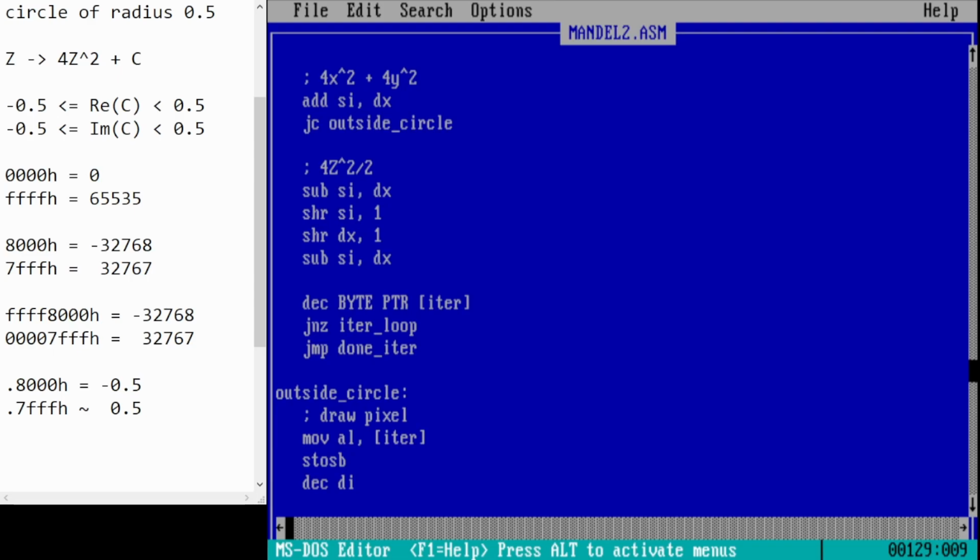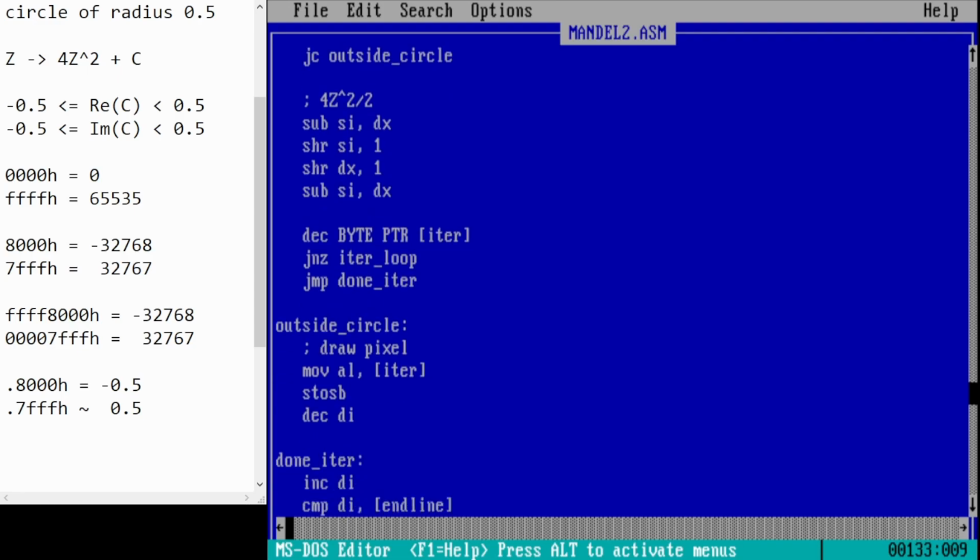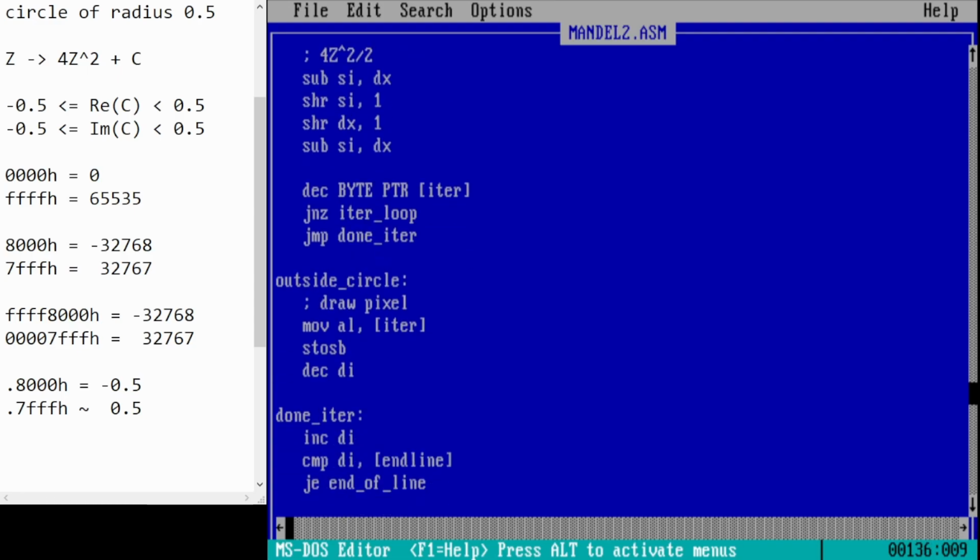Now, of course, it also increases the DI register, and so we take one back off here just so that we end up without the DI being incremented twice. And so that's literally all that's required for our Mandelbrot set iterations.